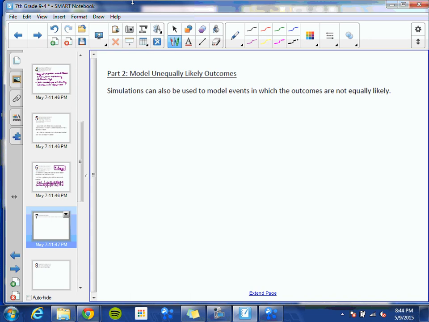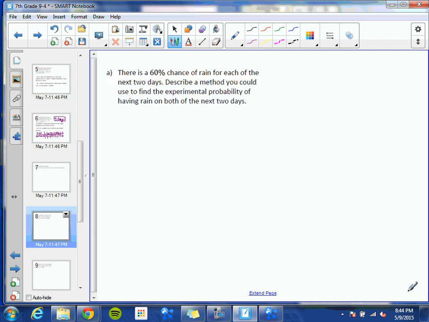Part 2, model unequally likely outcomes. Simulations can also be used to model events in which the outcomes are not equally likely. There is a 60% chance of rain for each of the next 2 days. Describe a method you could use to find the experimental probability of having rain on both of the next 2 days.